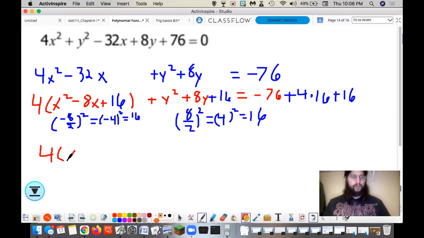4, this is a perfect square trinomial now, so it factors just like so. This is also a perfect square trinomial factoring just like so. And this is, let's see, 5 times 16, 50, 80, negative 4.